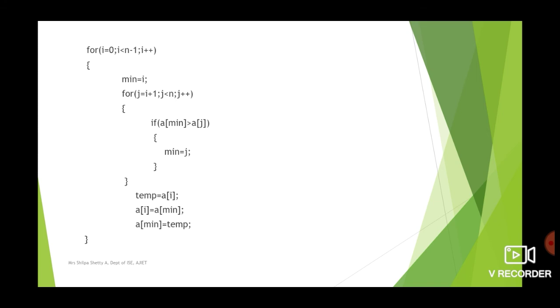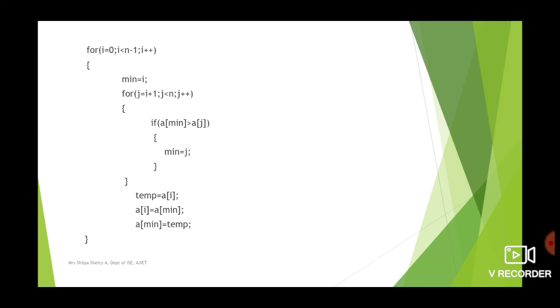That minimum element is compared with the remaining elements. Where are the remaining elements? The element being compared is at index 1, so the remaining elements are from index 2 till 4. So index 1 is compared with 2, then 1 with 3 and index 1 element with 4.